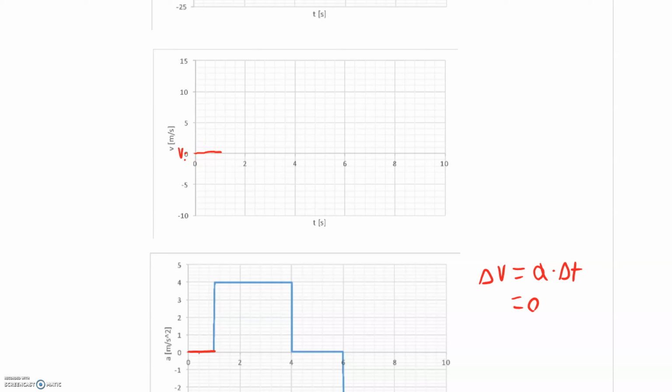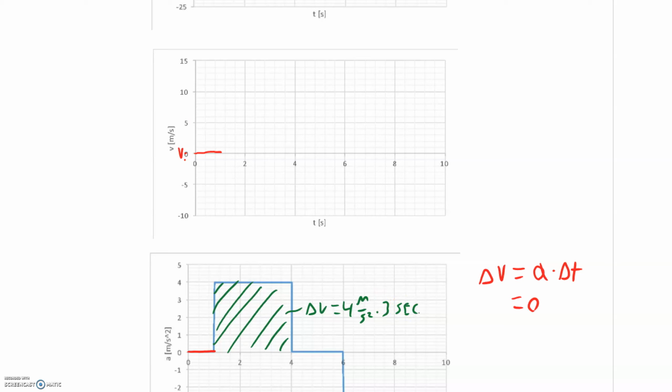Now I'm moving on to the next part of this graph. And so the acceleration jumps up to 4 meters per second squared. And I can look at the area under this curve. And that's going to give me my change in velocity. So here I have my velocity. My change in velocity is going to be equal to 4 meters per second squared times 3 seconds.